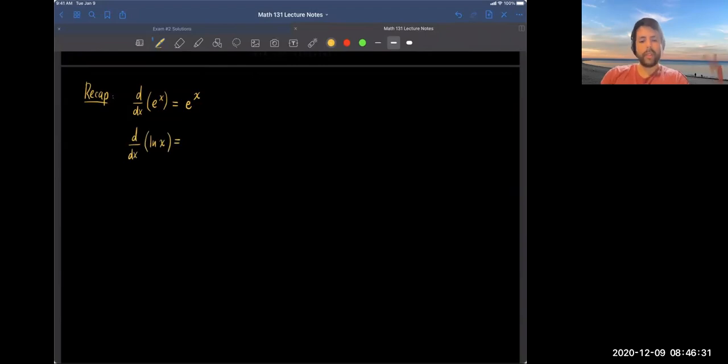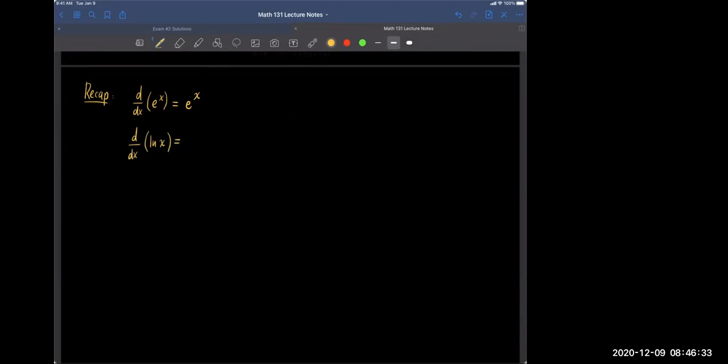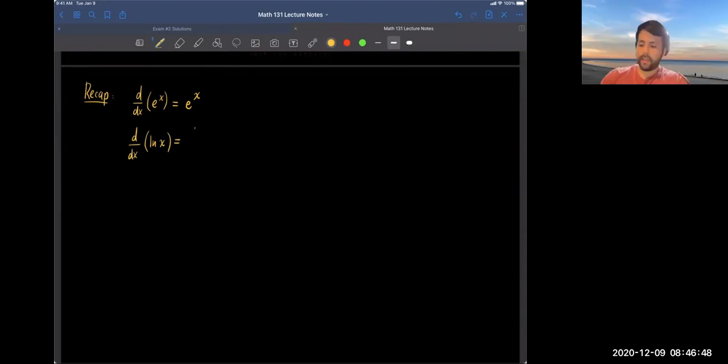This is a weirder one. I think 1 over x. Yeah, that's right. 1 over x. So what would be the derivative of the following?